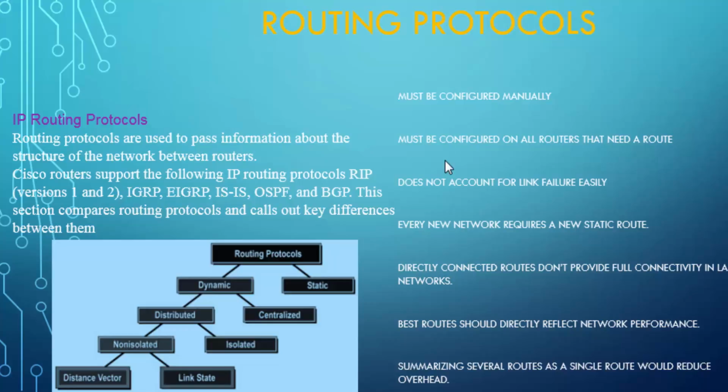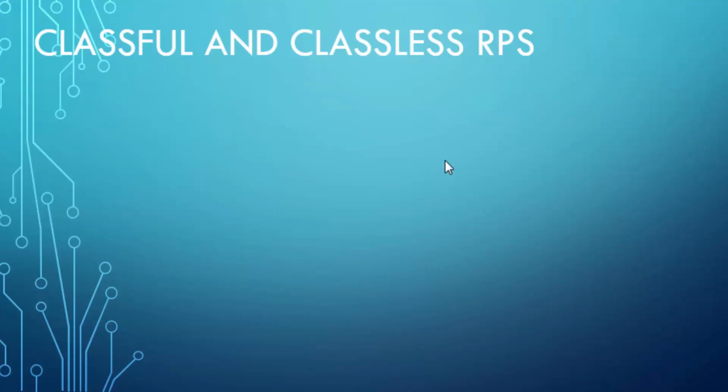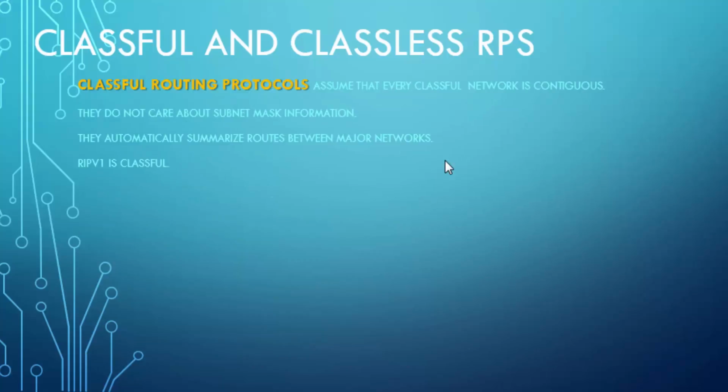But we are going to be talking a little bit about subnetting that applies mostly with RIP version 1 and RIP version 2. So let's talk about the classful and classless routing protocols.